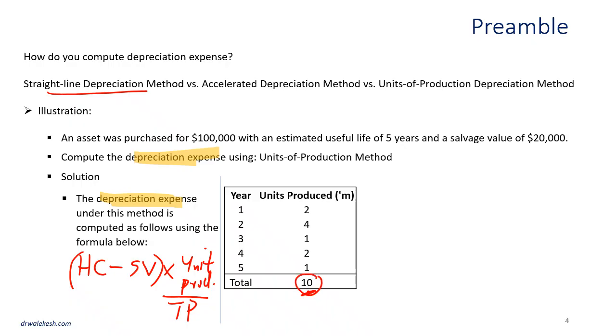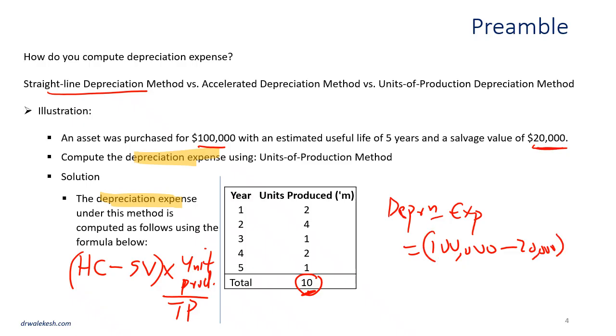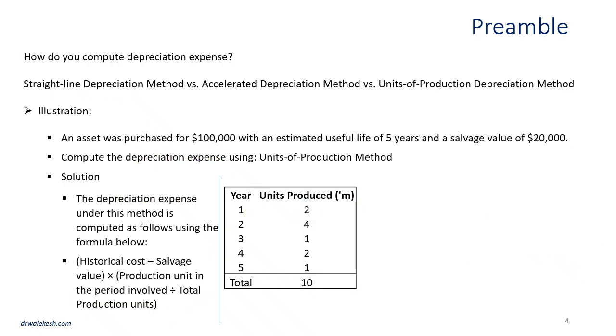If you are interested in the depreciation expense for year 1, it would be historical cost, which is 100,000, minus the salvage value, which is 20,000, then times the units produced in year 1, which is 2 million, divided by the total units across the 5 years, and that is 10 million units.